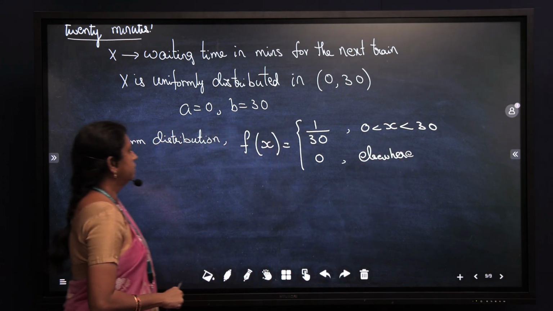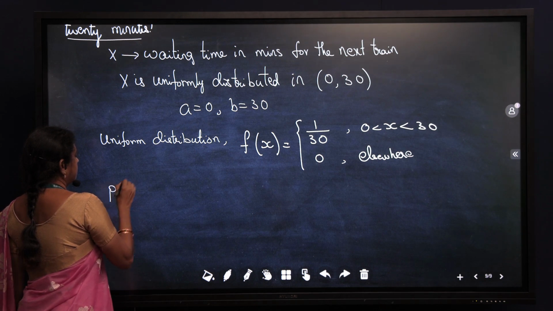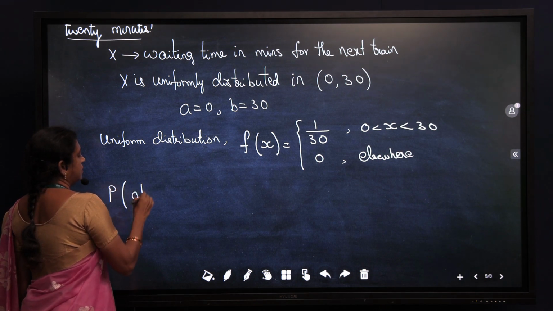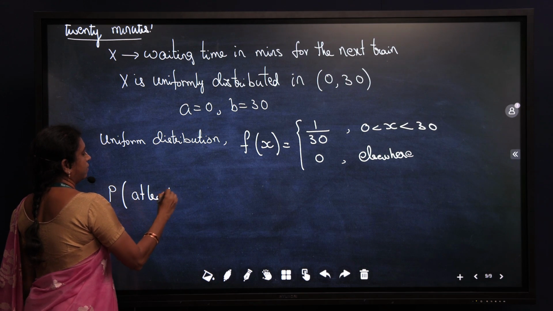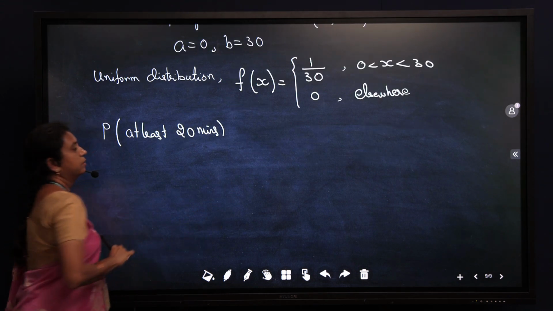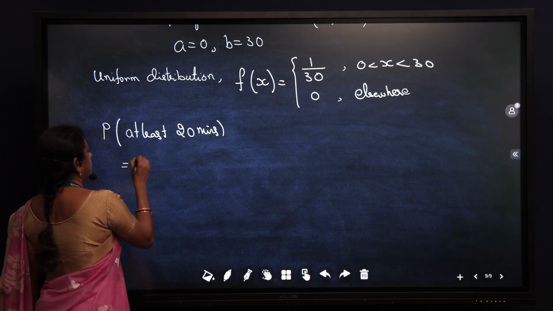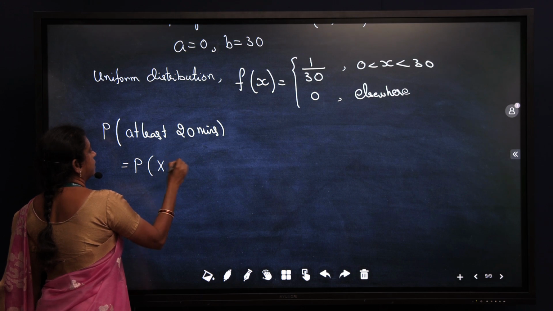Now we'll find the probability of waiting at least 20 minutes, right. So probability that the waiting time is at least 20 minutes.